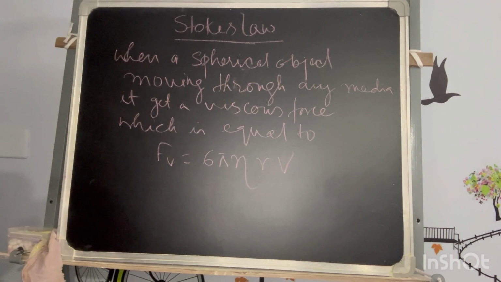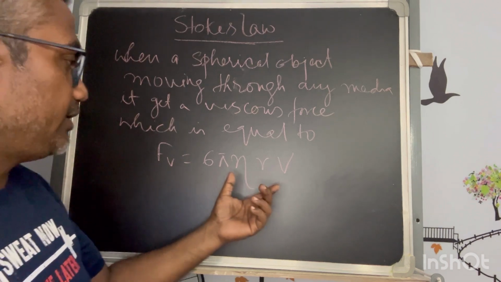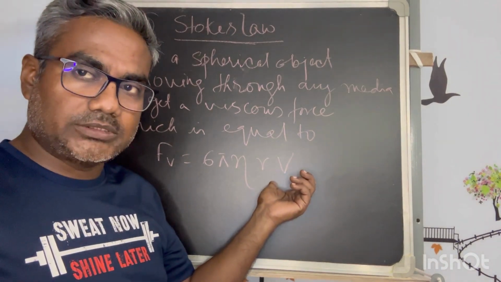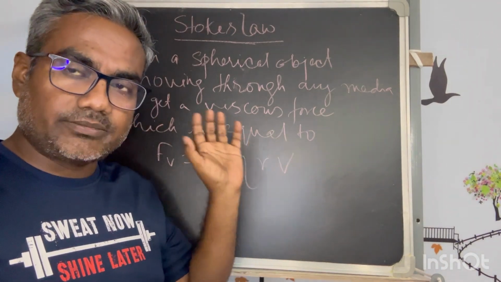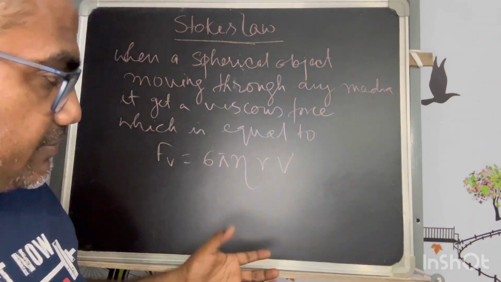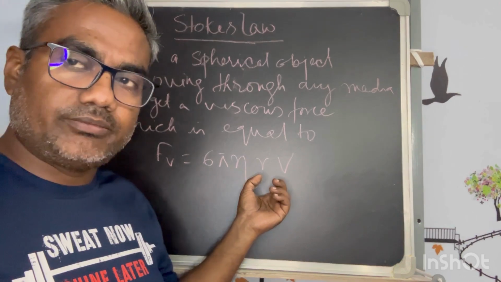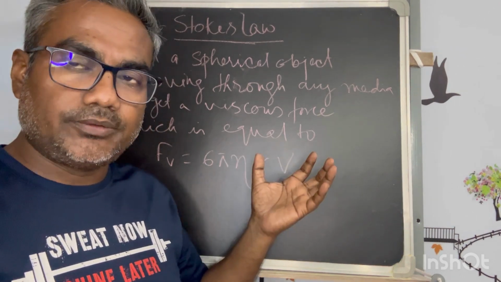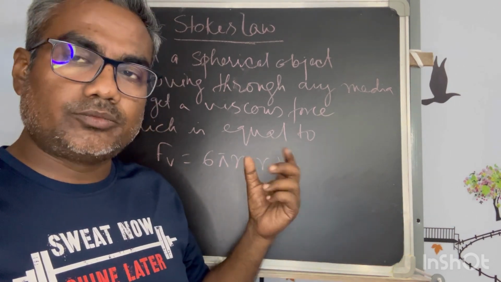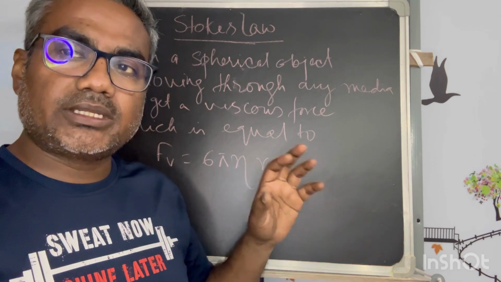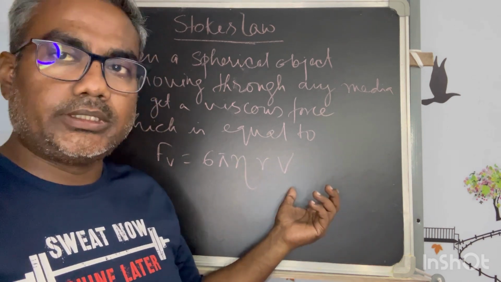Now this is an empirical formula. Deriving it is very critical and needs some extra concepts of physics. So I am not going into the derivation, because it is a combination of so many criteria and mathematical calculations that may not be needed right now.